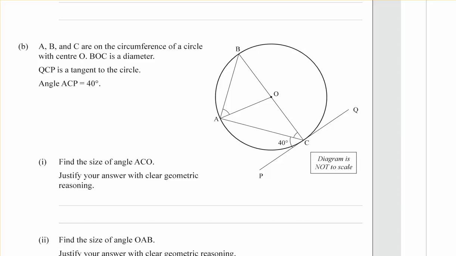Right, now we've moved on to a circle question. I'm told that BOC is a diameter. I'm told that QCP is a tangent. Find the size of angle ACO, so that's that one down there.